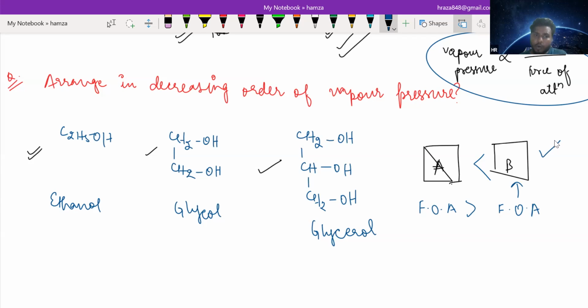Whenever you are going to arrange vapor pressure, you have to see which molecule has lower or greater force of attraction. The one which has lower force of attraction will have higher vapor pressure.